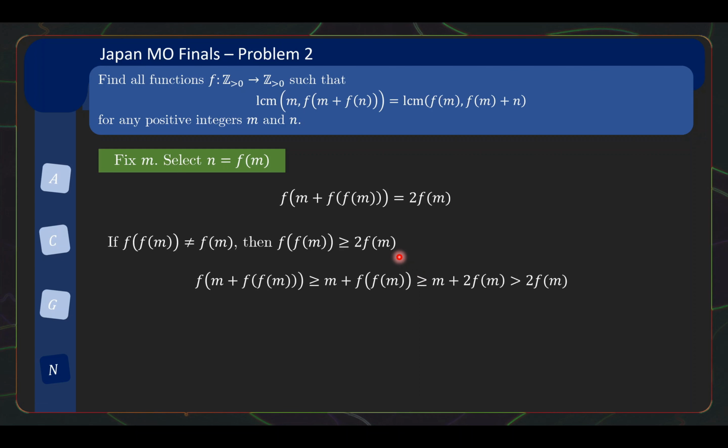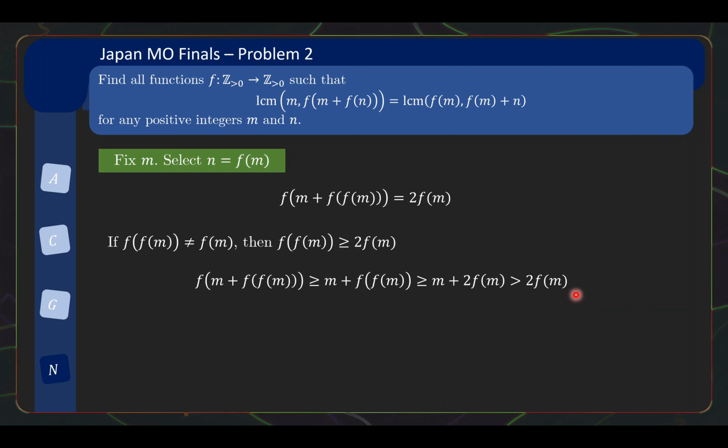This is a problem because let's look at this string of inequalities. The goal is we want to show that the left side will be strictly bigger than the right side, hence a contradiction. So f, this is the left hand side, f of something we saw already is at least that something, right? So now we have this, we plug in our assumption here that ffm is at least 2fm, and then here we see that this is strictly bigger than 2fm.